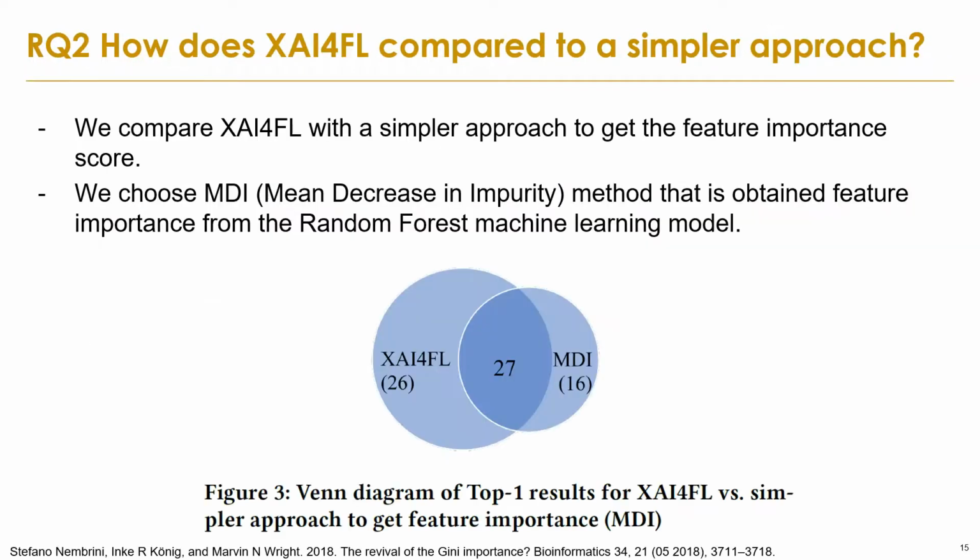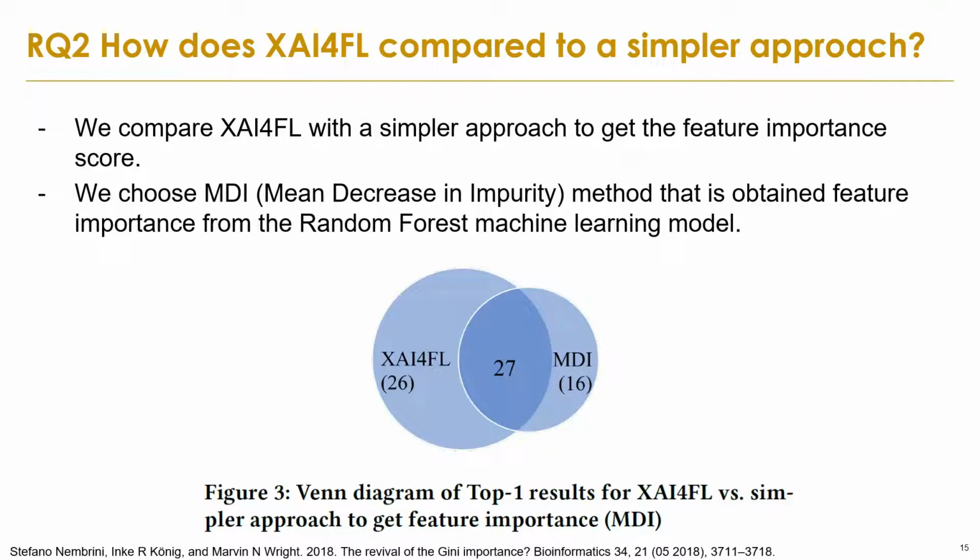In RQ2, we compare XAI4FL with a simpler approach to get a feature importance score. Specifically, we use MDI, or mean decrease in impurity, to obtain a feature importance score from the random forest model. To make it fair, we use the same model as that used in XAI4FL.